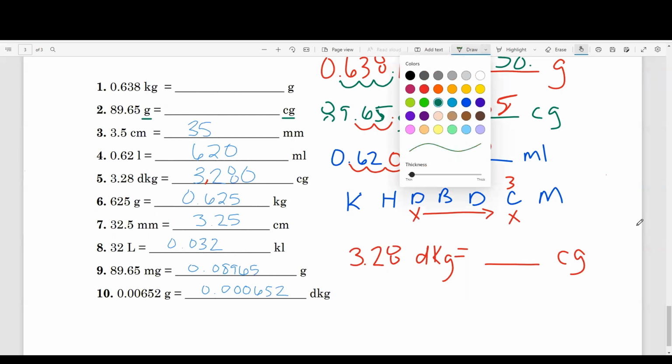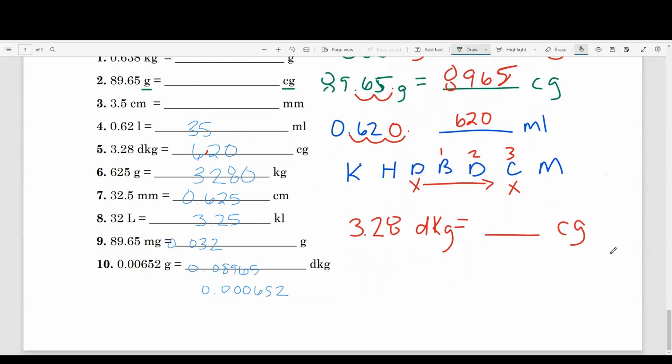Remember, that always dictates what? Our decimal movement. So we start at our decimal. We're going to go once, twice, 3 times to the right. Remember, anytime we have an empty scoop, you have to add a 0 as a placeholder. We got 3,280.